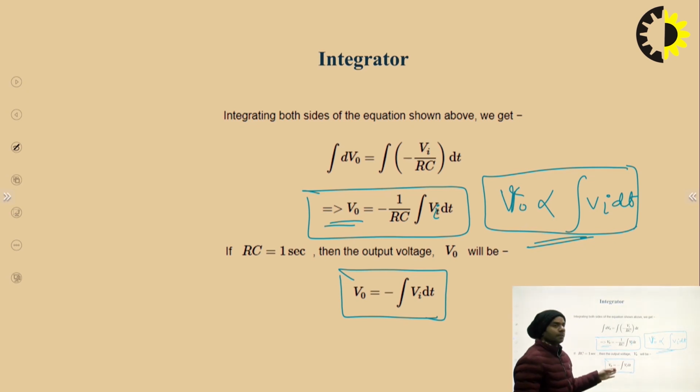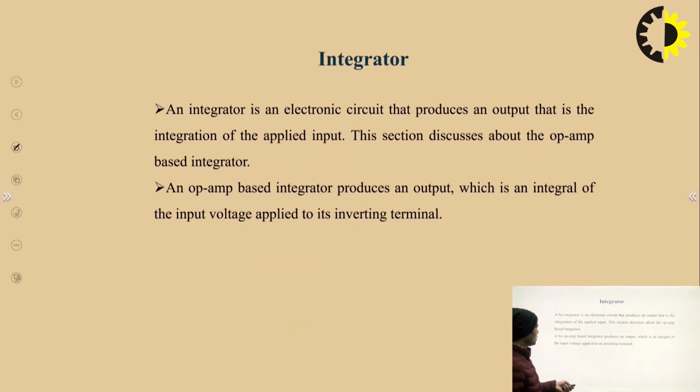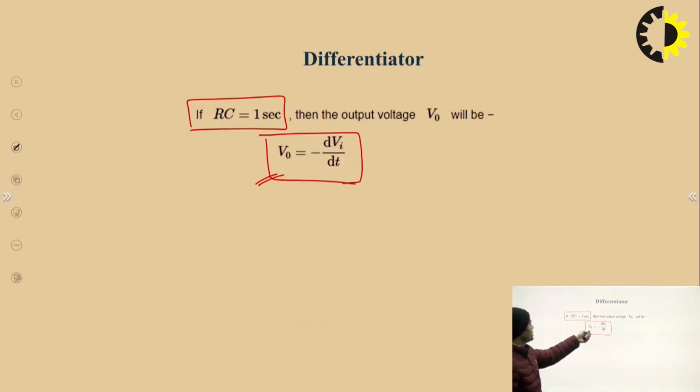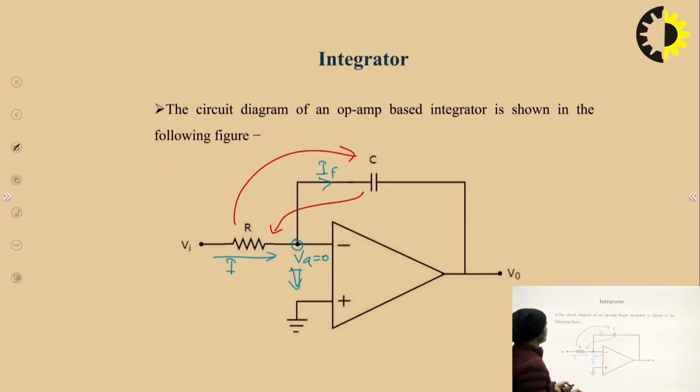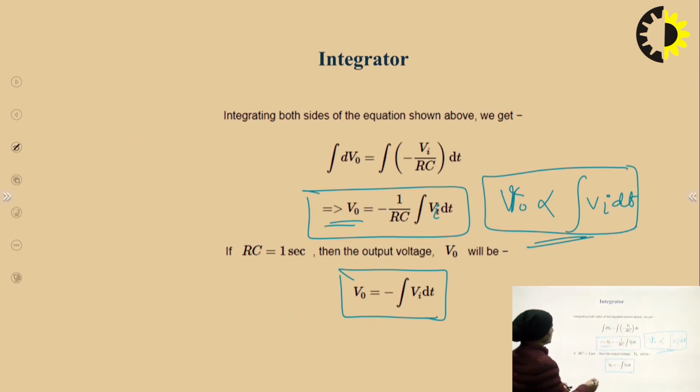You can see that in the integrator as well as in the differentiator, the output is negative. This negative sign simply indicates that there will be a phase difference of 180 degrees between input and output.